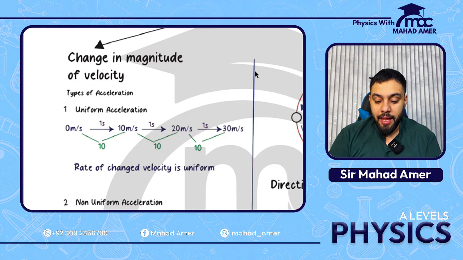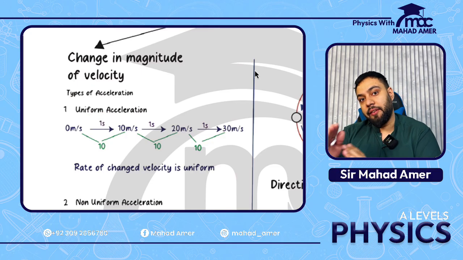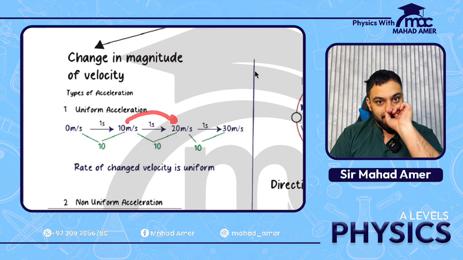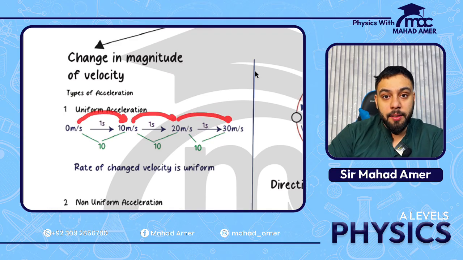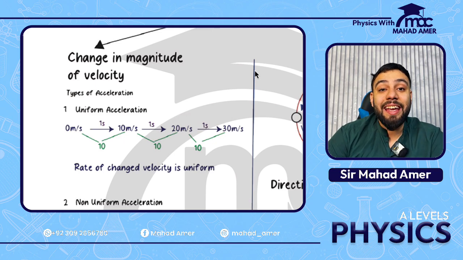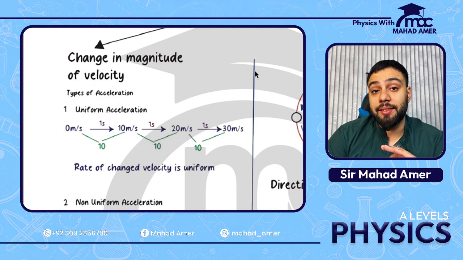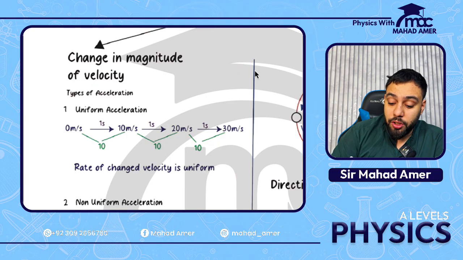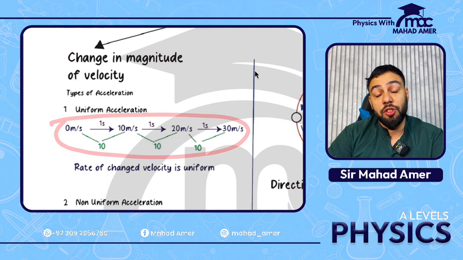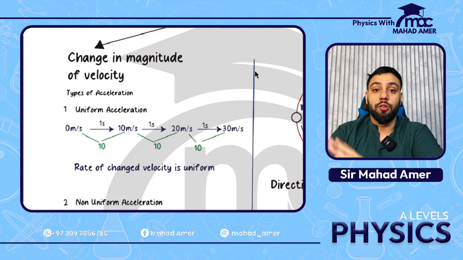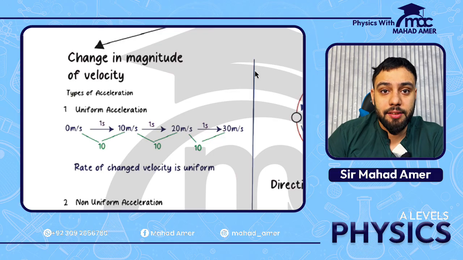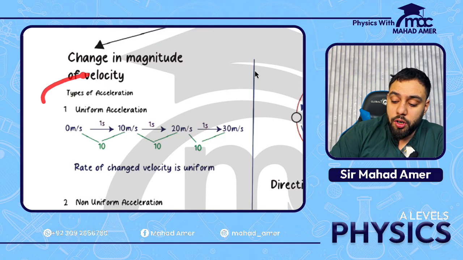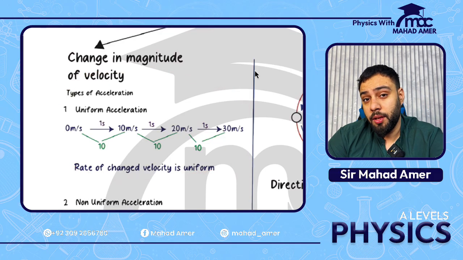That means every second, the velocity is changing by 10 meters per second. That shows that each second the acceleration is uniform. The change in velocity is the same every second. This actually means uniform acceleration, in which the rate of change of velocity is uniform. The rate at which velocity is changing every second is uniform, and this is called uniformly accelerated motion.